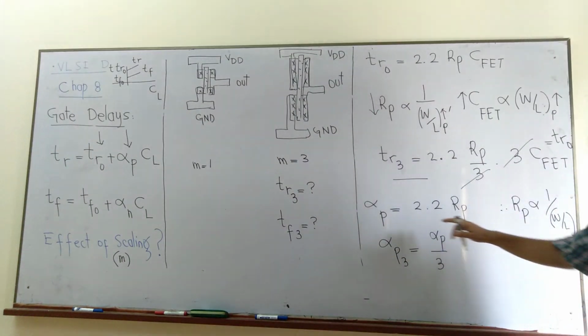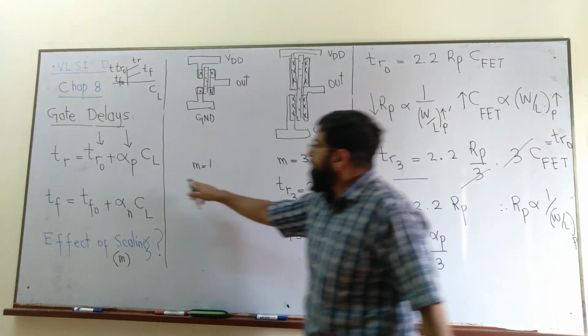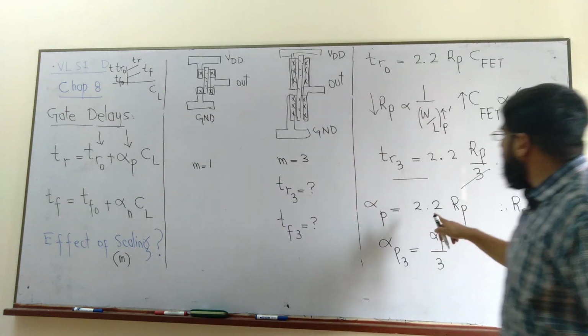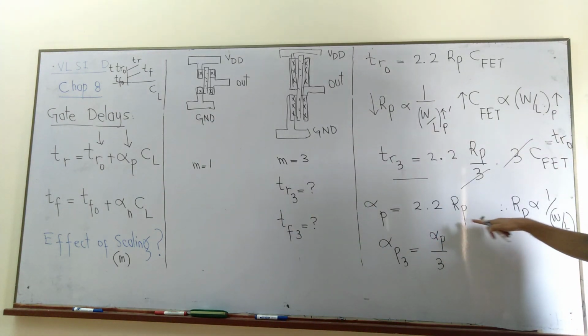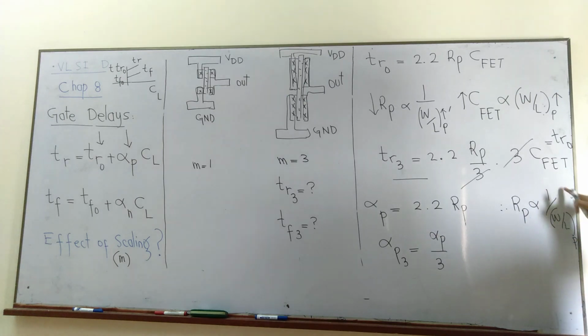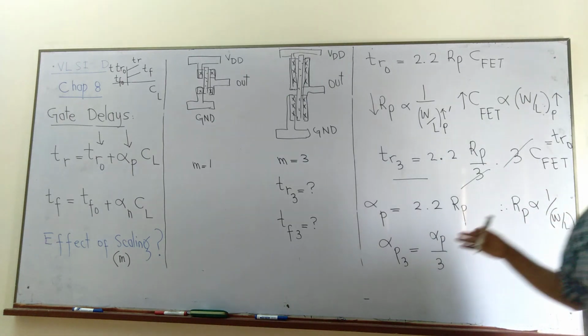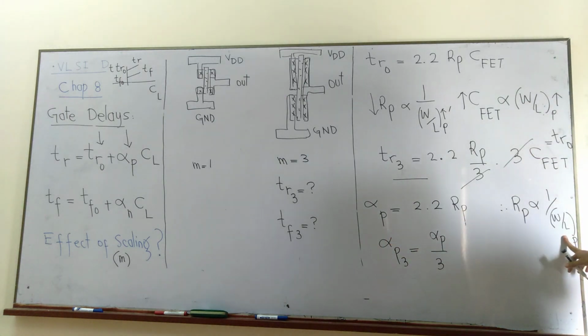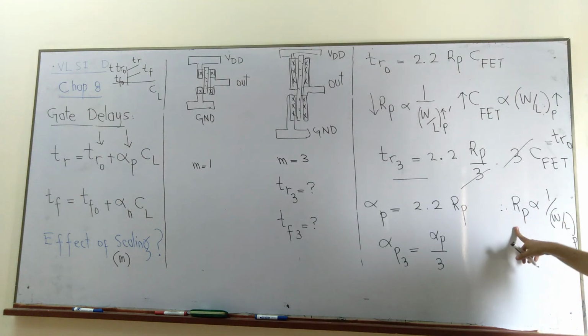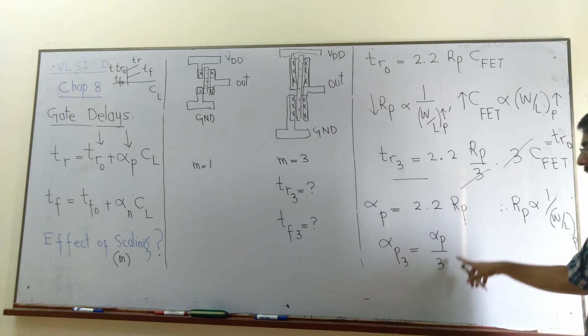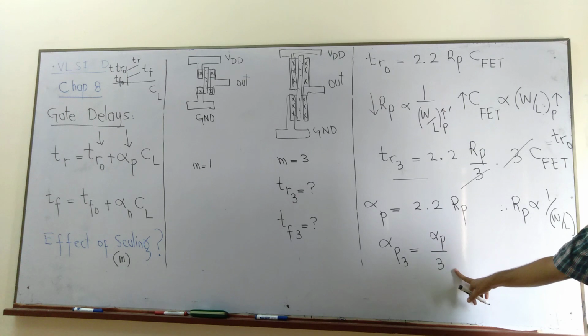With alpha p, the second term, we studied in chapter number 7, it's 2.2 times RP, where RP is inversely proportional to the aspect ratio. We increase the size by 3 times, so the aspect ratio is increased by 3 times, RP is decreased by 3 times, so we have a new RP that is 1/3.